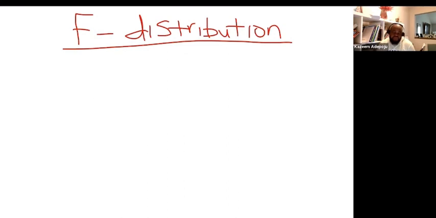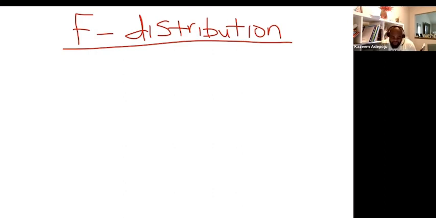The F distribution is a distribution that we use to figure out the p-value if you are conducting an analysis of variance test, maybe you want to compare means in more than two groups. But you know what? We derive the F distribution using Jacobian transformation.